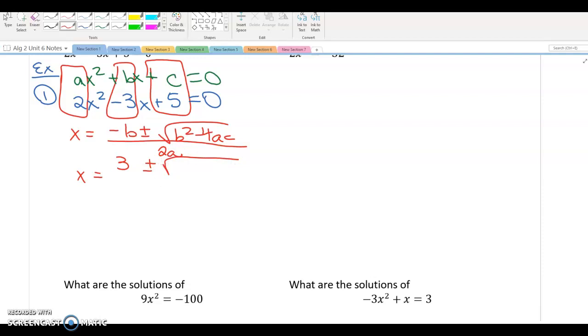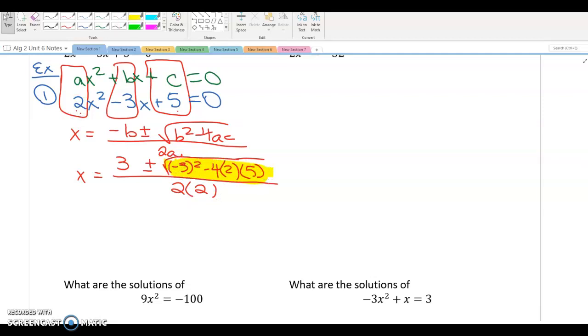Negative 3, you got it, squared, minus 4 times what's a? 2, you got it, times what's our c? 5. Very good. All over 2 times what's our a? 2. Now we're going to put this whole part without the square root bar into our calculator.